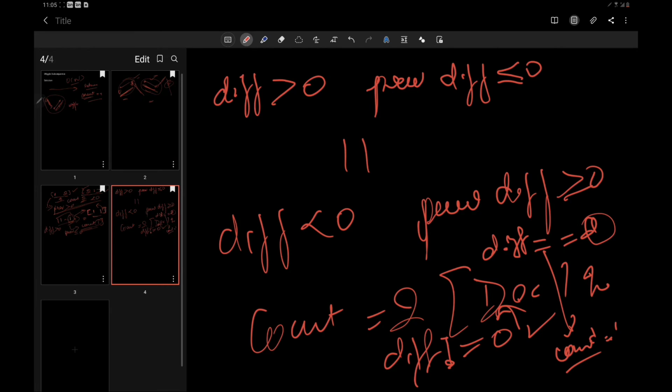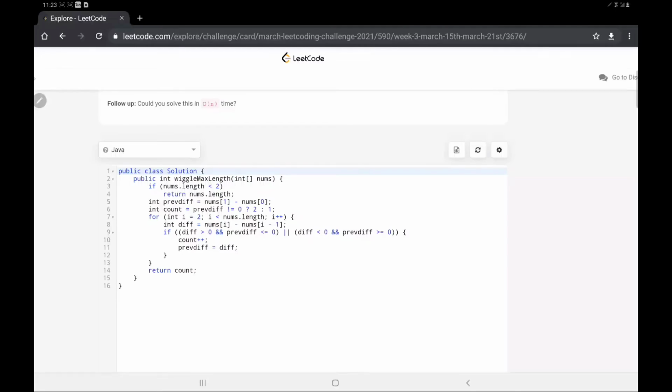I hope this approach is clear to everyone, and let's see the code and it would be much clearer then. So this is the code, and what we have here is the base case: if length is less than 2, we return the length, because we know 0 is not the case, so either the length would be 1 or the length would be 2. For length 1, it contains only one number, so it can be nothing but its own, so we return 1.